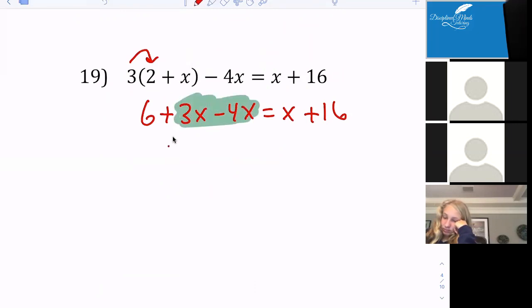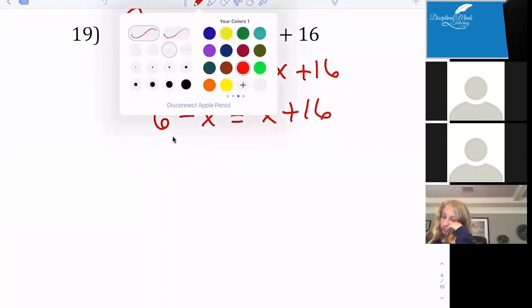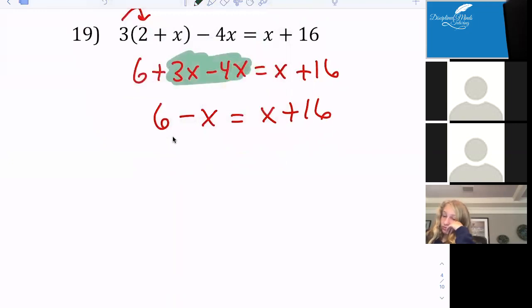Positive or negative? 3 minus 4 is negative x. Do you agree? And now what, kiddo? Yes, that's good. Plus x, because we want it to be positive, right? And then what?